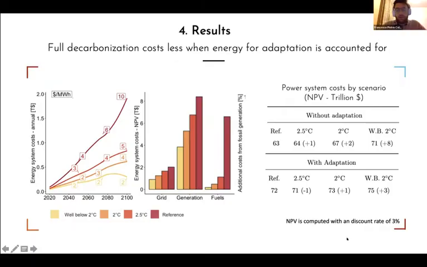So we have a net benefit of investing in the decarbonization, and this gap is substantially reduced also in the well below 2 degree scenario. So we go from 8 trillion to $3 trillion. So one of the main points of our analysis is that without accounting for the actual feedback loop, the additional cost of the decarbonization is actually overestimated.